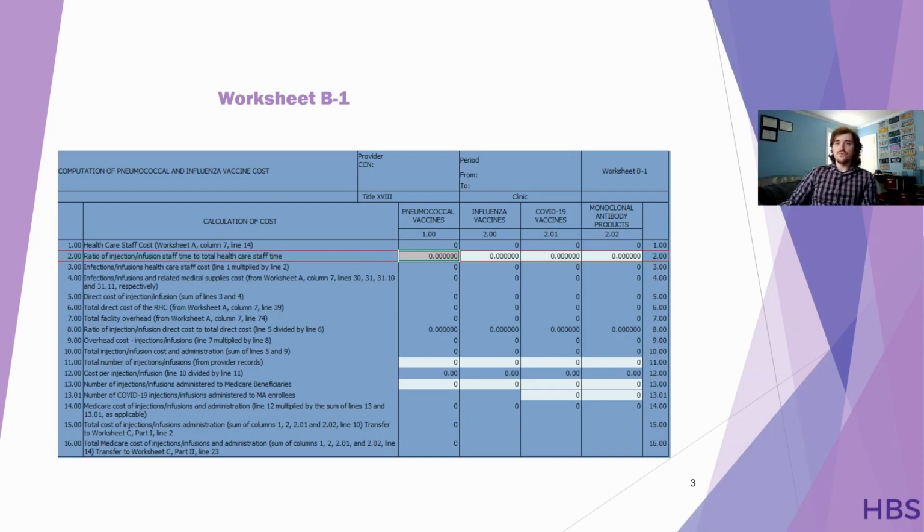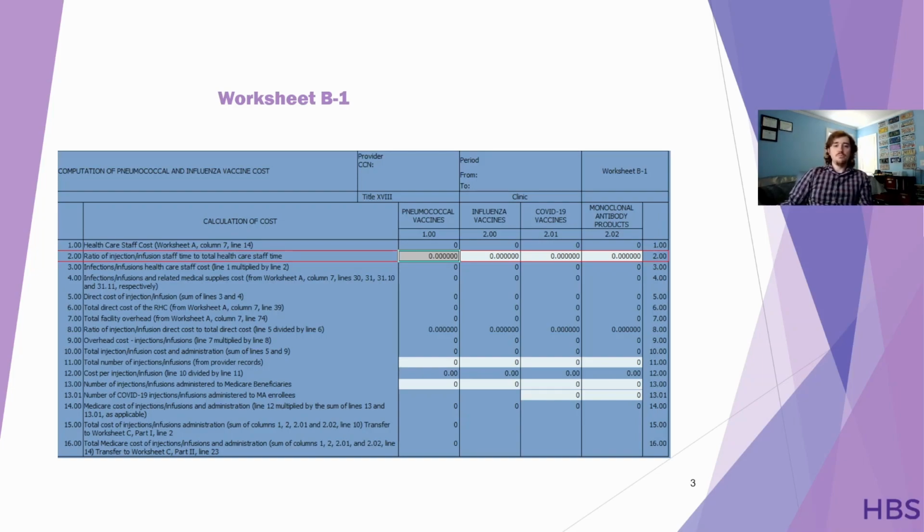And then lines 5 through 9 are used to calculate overhead cost. Then line 10 adds together lines 5 and 9 to give us a total cost for injection for each of these sections. Lines 11 through 14 are going to determine how much of that total is applicable to Medicare beneficiaries.